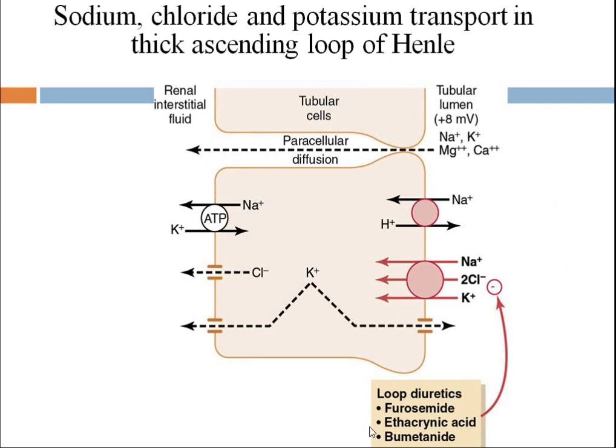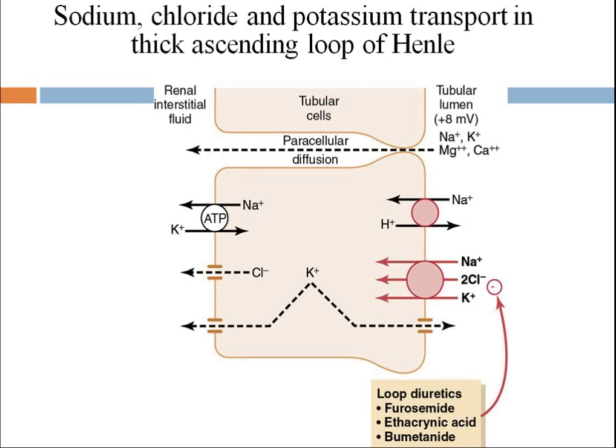Now, there's one more important thing written here, loop diuretics. We'll be discussing diuretics in detail later, but I just want to tell you diuretics are the substances which increase the amount of urine. That means they prevent the reabsorption of water at various sites of the tubules. So when they prevent reabsorption of water, a greater amount of urine can be formed.